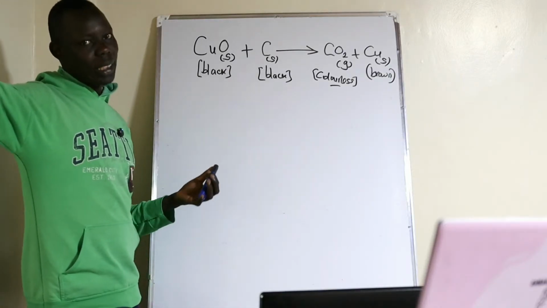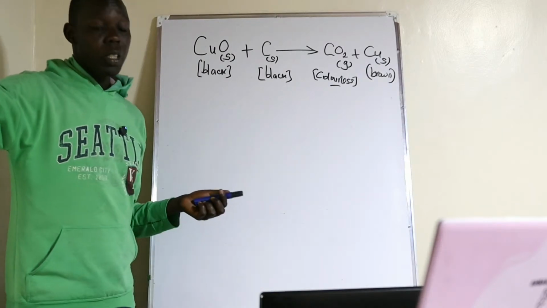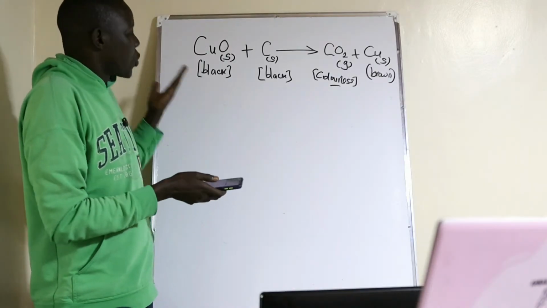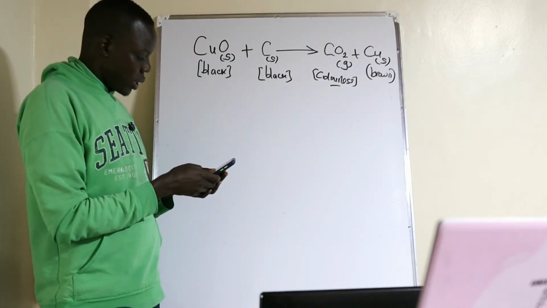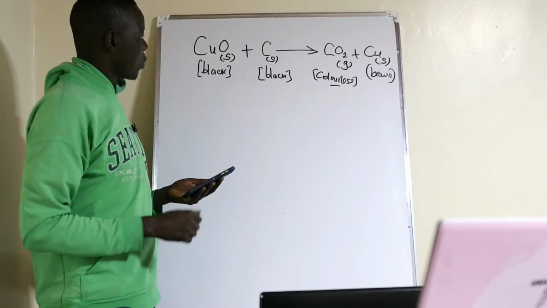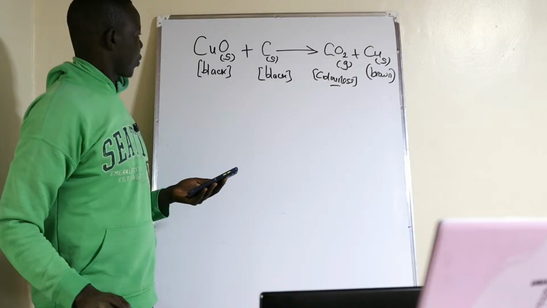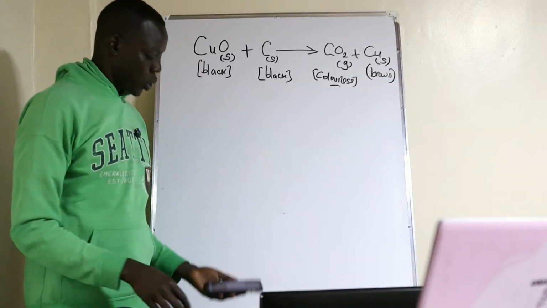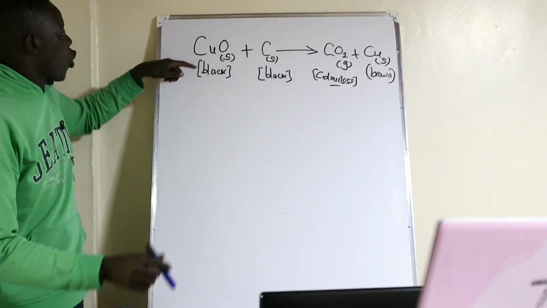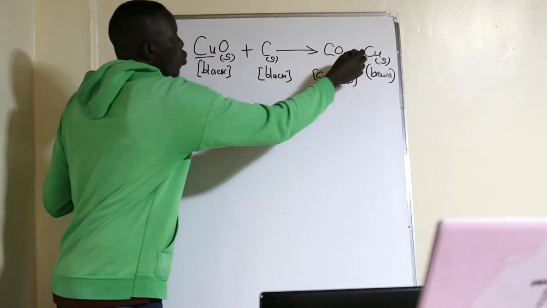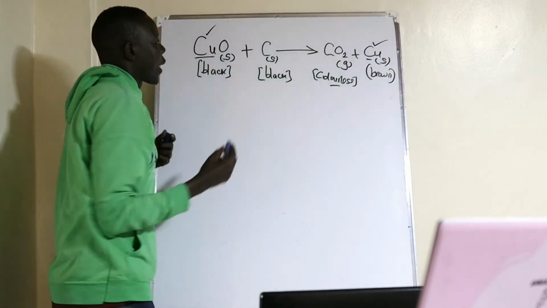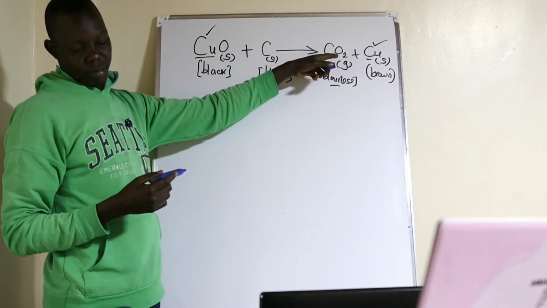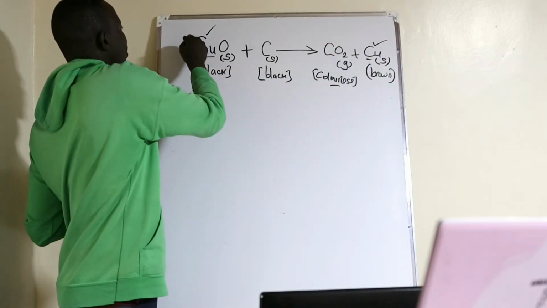Now, this equation is not complete, of course. This equation needs to be balanced. If you look carefully, the number of the carbon atoms on this side may not be equal to the other side. So look here. How many coppers are there? Copper is one, and it is one here. So we keep going with the copper, but we cannot go on because there is a place where it will catch us. Carbon is one, oxygen is two. Oxygen is one. So we will be forced to place 2 here.